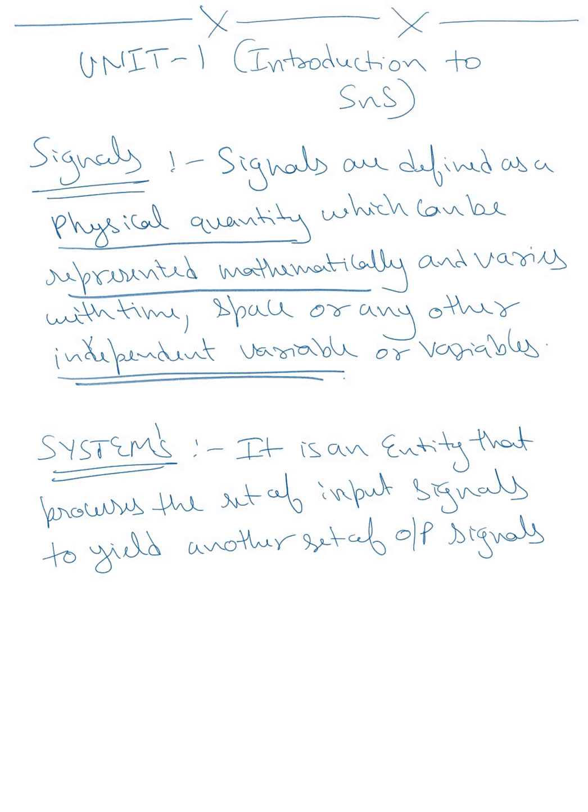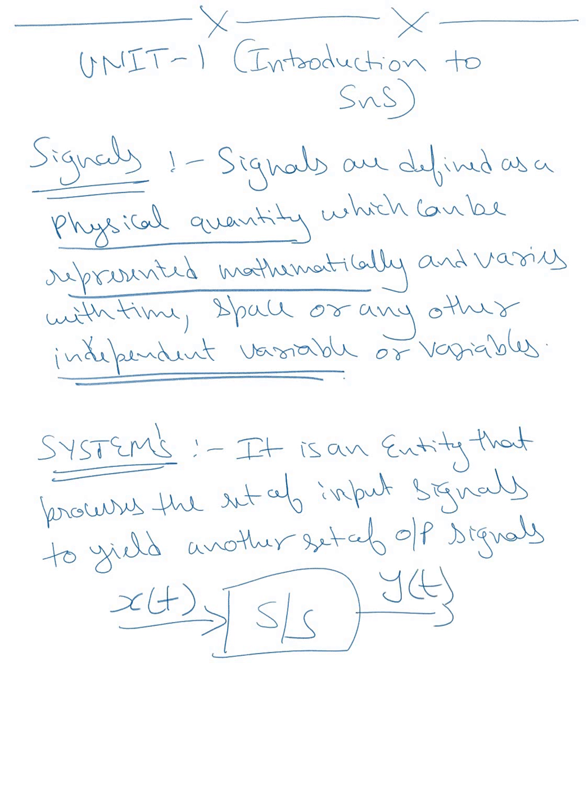So basically, a system is an entity in which we give input as a set of signals which is processed in the system, and the output is given as another set of signals. So signals are basically processed by a system which can modify them or extract additional information from them.